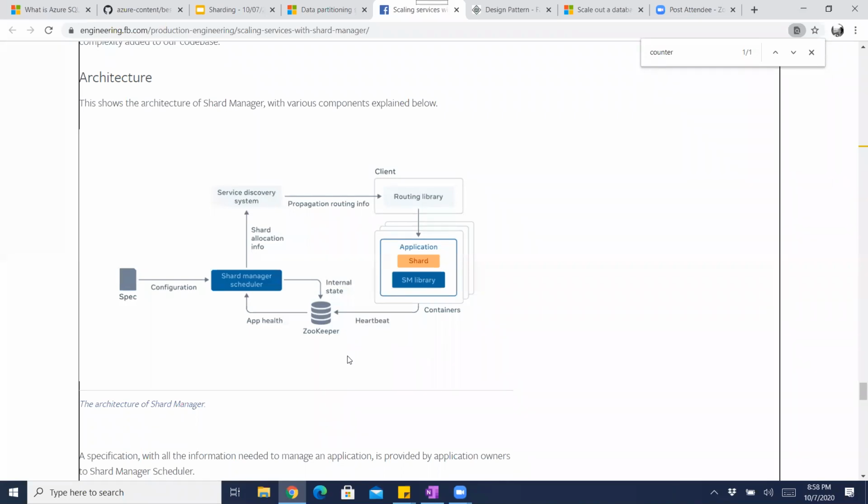In Zookeeper, which is directly talking to containers, we might see that some node is down, but while that is propagating all the way to the service discovery system, they are still routing to those old nodes.